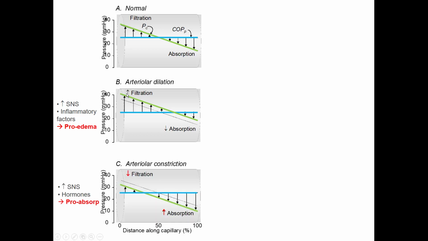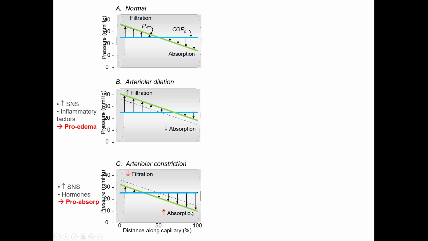Now let's consider arteriolar constriction, which can occur when there's an increase in sympathetic input or an increase in particular hormones like angiotensin or vasopressin. And the arteriolar constriction causes a similar type of change, a decrease in capillary hydrostatic pressure.